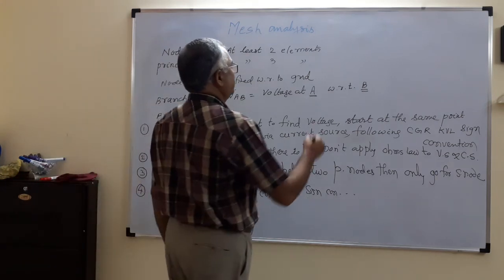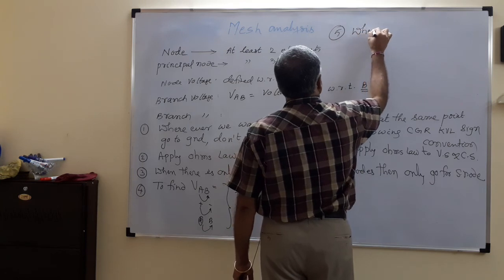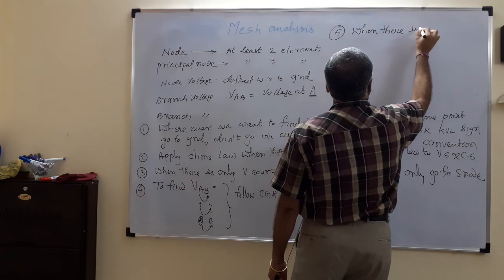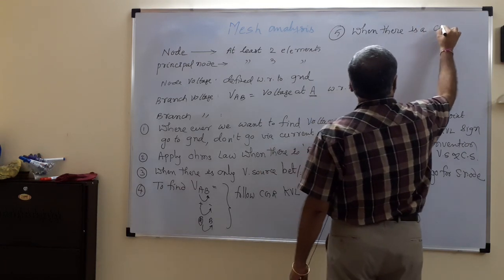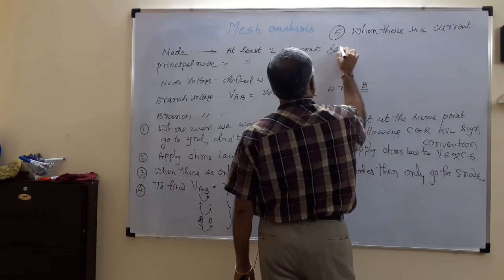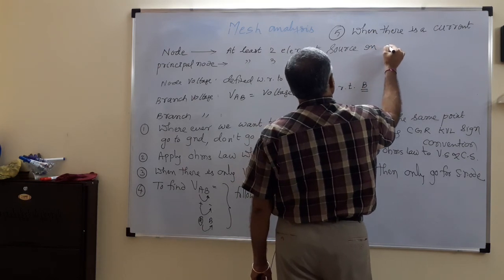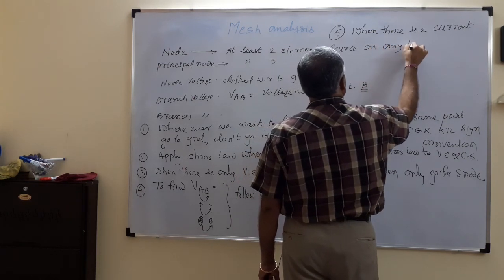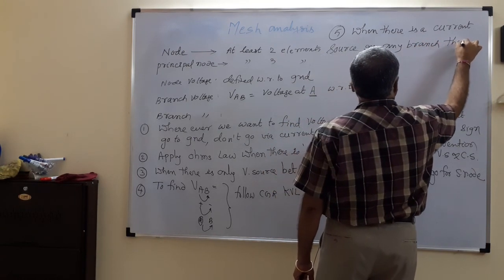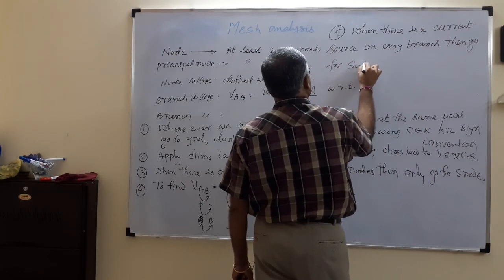What is the fifth one, the last one? When there is a current source in any branch, then go for supermesh.